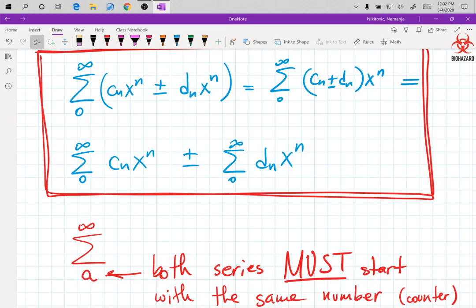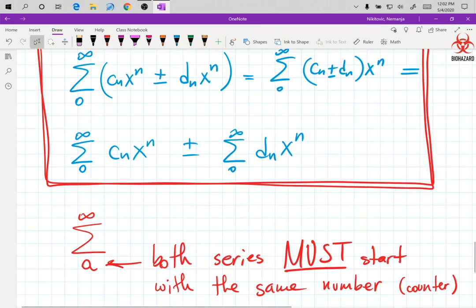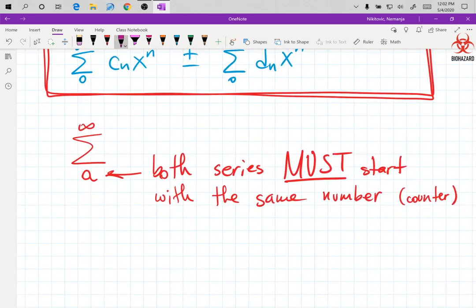Now I have zeros across the board, but they could all be 1s, or they could all be 2s. If they are not starting at the same value, you have to shift the counter. And this is where the pain of this course begins. Because as soon as you take the derivative of the power series, the counter shifts and it doesn't match the original function, and you have to do shifting the counter.